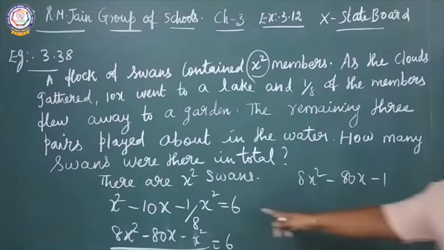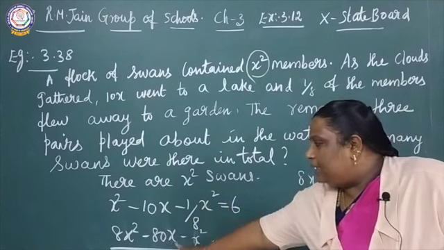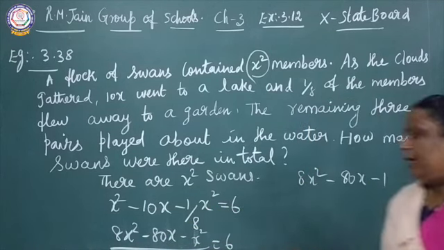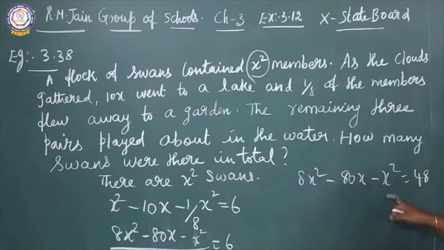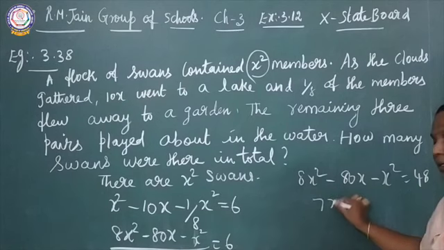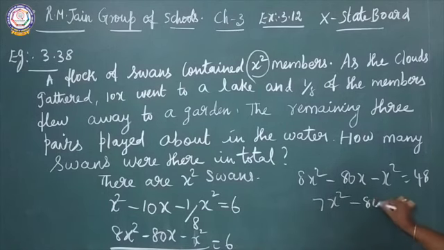You can take the LCM. 8x square minus 80x minus x square equal to 48. 8x square minus x square is nothing but 7x square. So 7x square minus 80x minus 48 equal to 0.